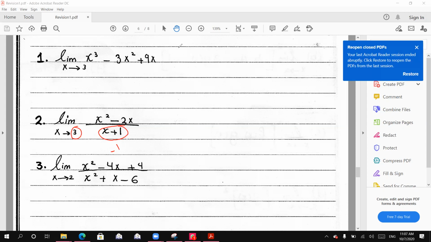Since 3 is not the same as negative 1, I will find the zeros of the denominator and look at where the limit approaches, which is 3. Is 3 the same as negative 1? No, it's not equal. So I have to evaluate the value and deal with it as a polynomial function.